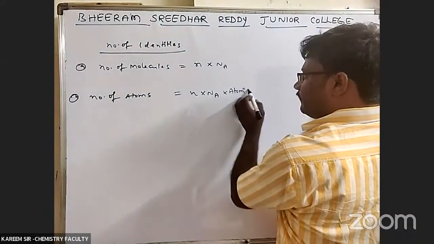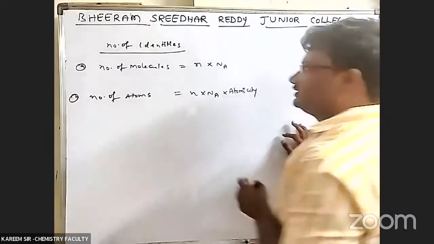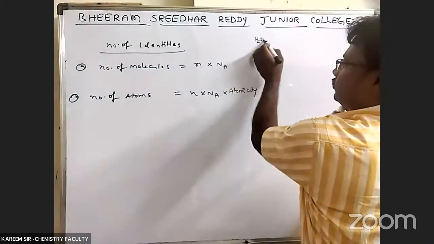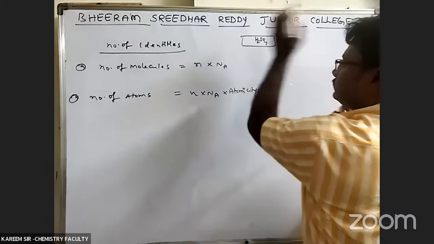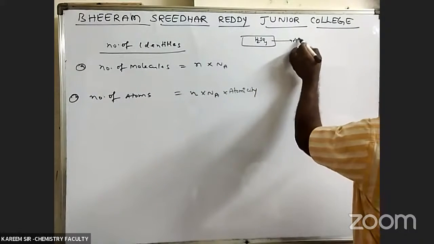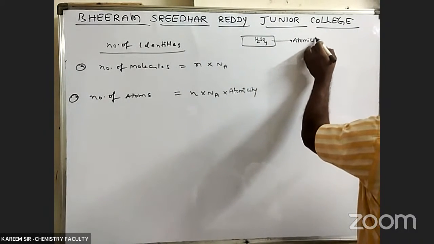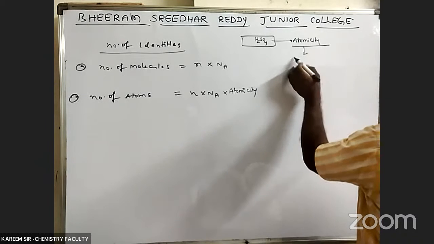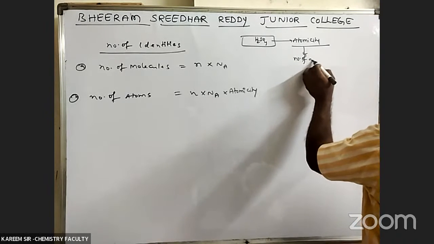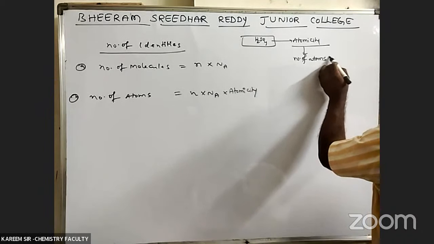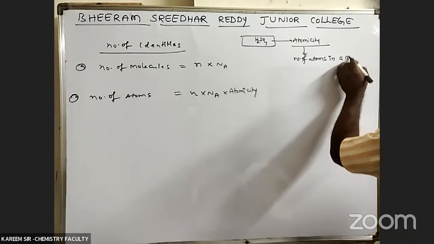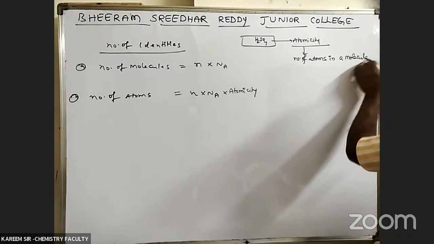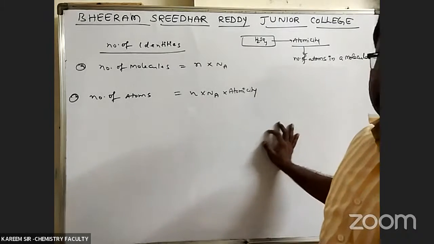Then how many types of atoms are there in a single molecule, for example, H2SO4. Atomicity. If you don't know what atomicity means, I will tell you. Atomicity means the number of atoms in a molecule. The number of atoms in a molecule is known as atomicity.